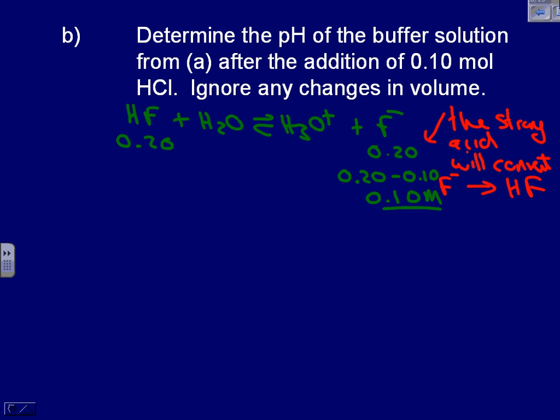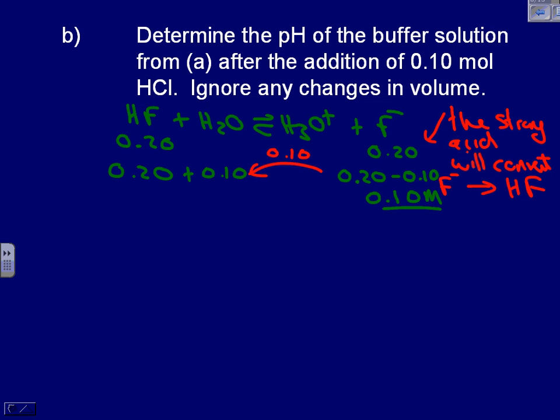What's going to happen to the HF concentration? Yep. It'll go up by 0.10, and that's because it's been converted into it. Plus 0.10. There's been a shift. I don't normally write it this way, but you can say here 0.10 has moved from there to there. That's essentially what happens.